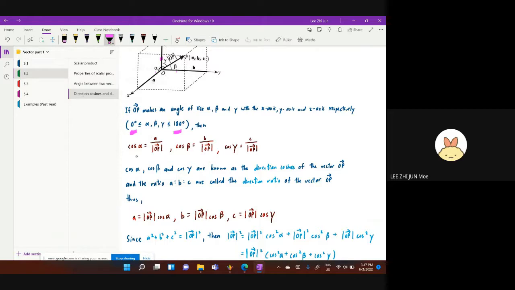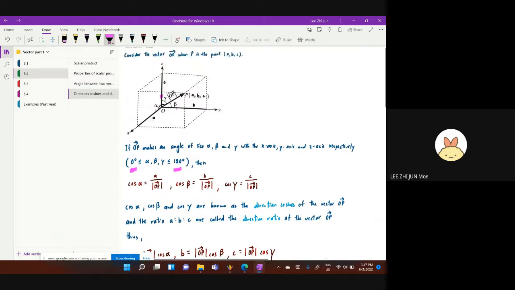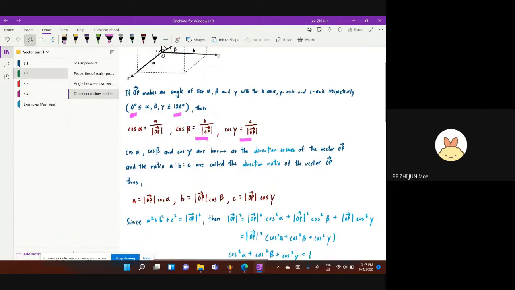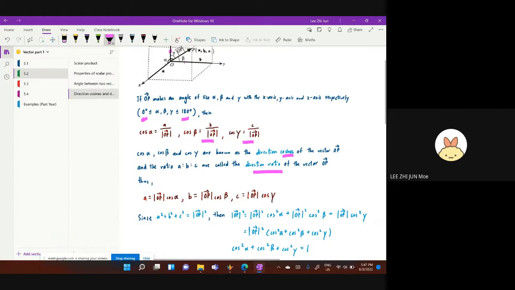Then cos alpha will be the length divided by the modulus of OP, likewise cos beta and cos gamma. So cos alpha, cos beta, and cos gamma are known as the direction cosines. Their ratio is called the direction ratio, but mostly they won't ask this direction ratio.